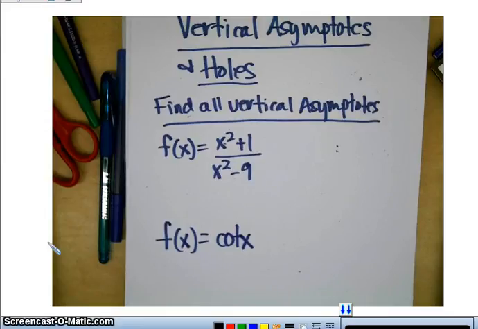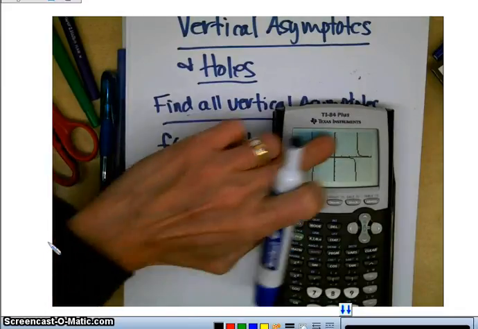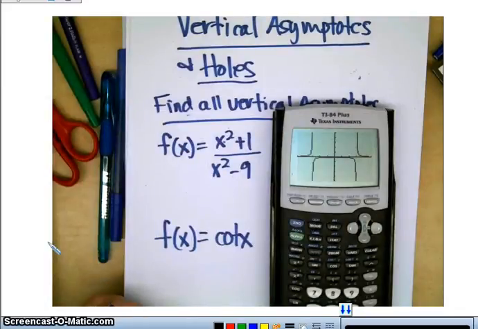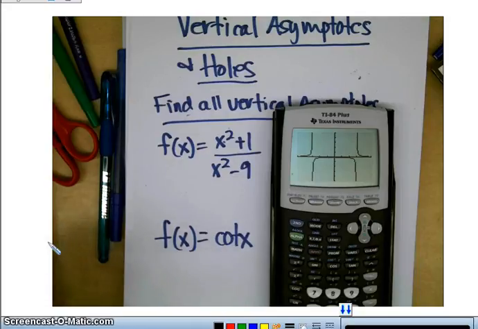All right, so vertical asymptotes. This function has vertical asymptotes. Vertical asymptotes are those lines at x equals -3 and x equals 3 where the function has unbounded behavior. Asymptotes happen at x values that aren't in the domain. If it's not in the domain, you may or may not have an asymptote.